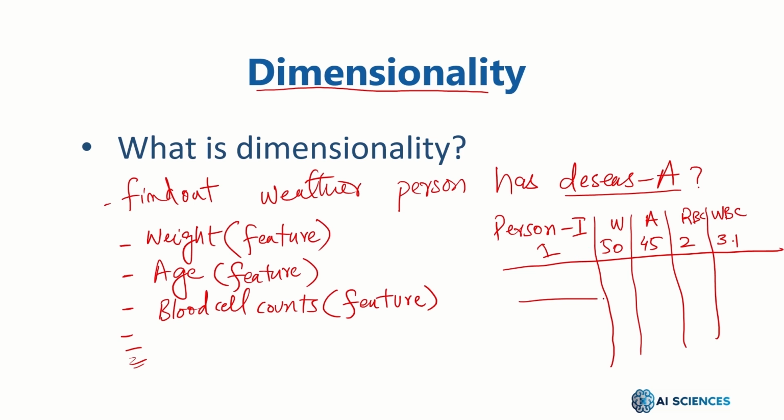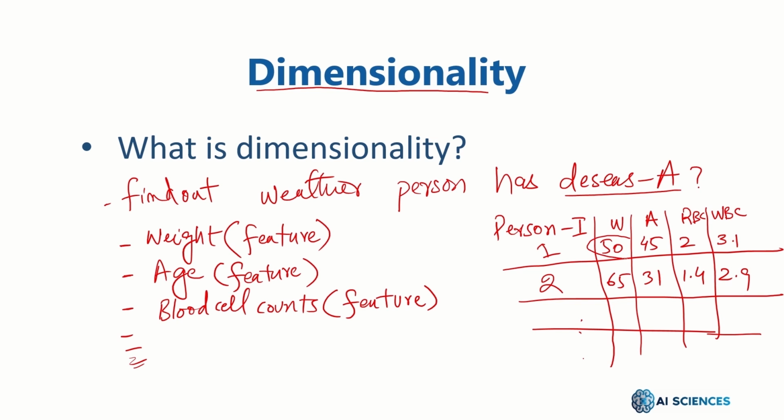So then we may have another person, for example, person 2, with different values of these features. Maybe person 2 has weight 65, age might be 31, RBC value might be 1.4 in certain units, and WBC value might be maybe 2.9. And then we can have several persons and their data.